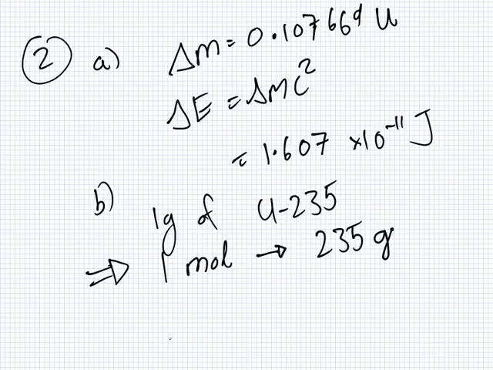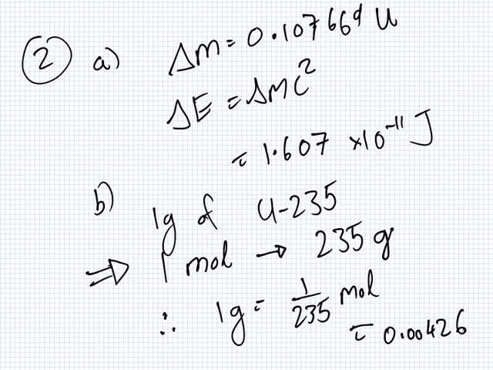So then, therefore, 1 gram is equal to 1 over 235 moles, which equals 0.00426 moles.